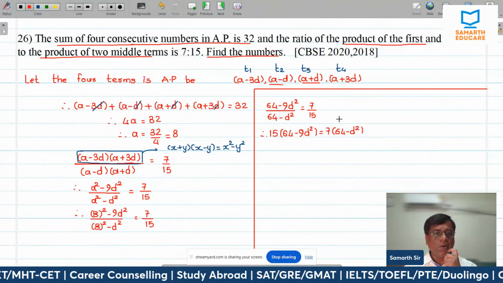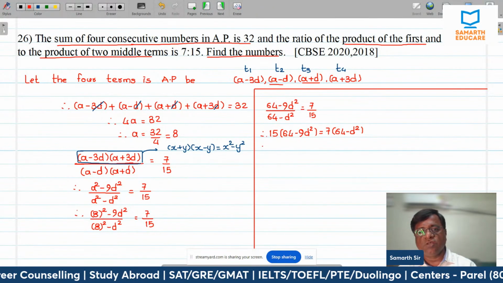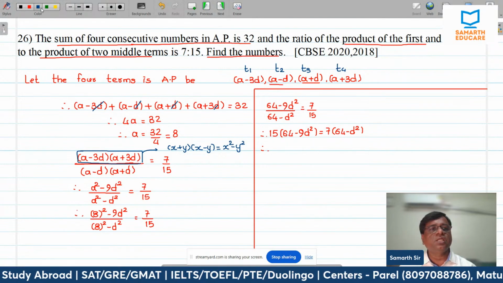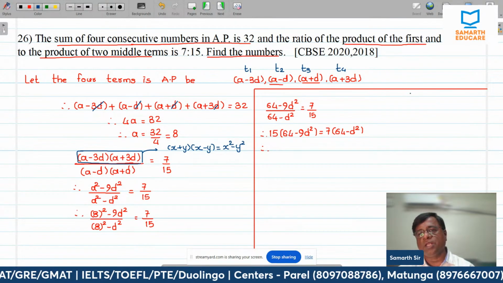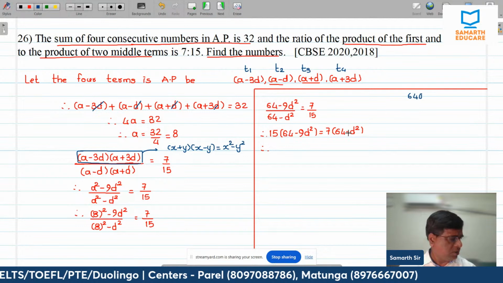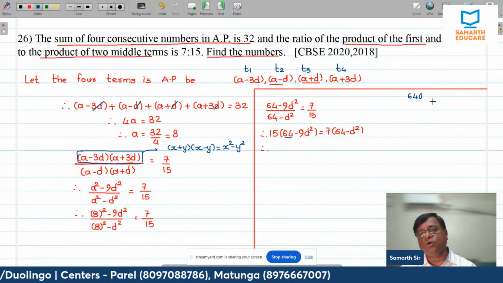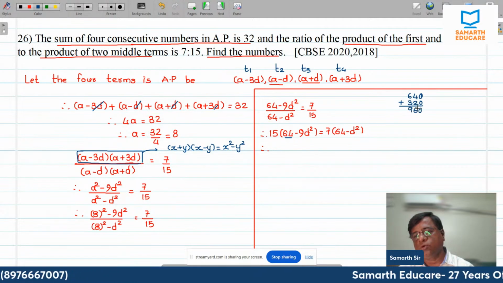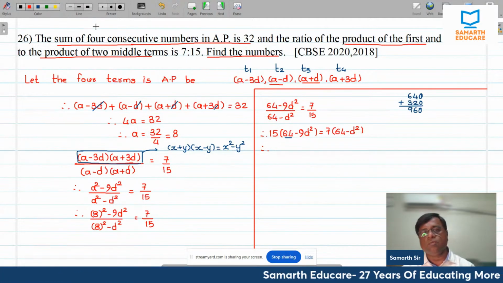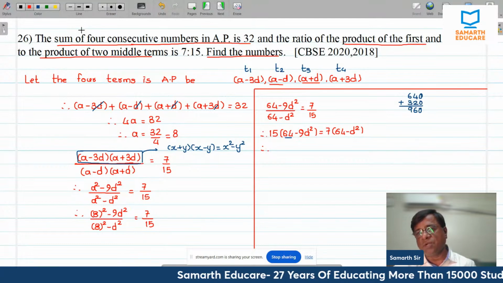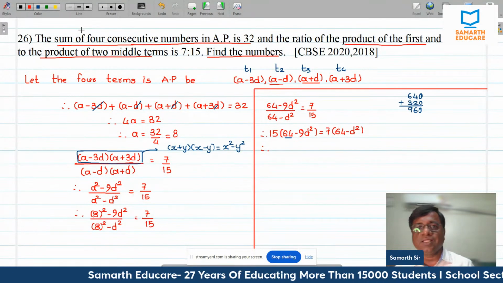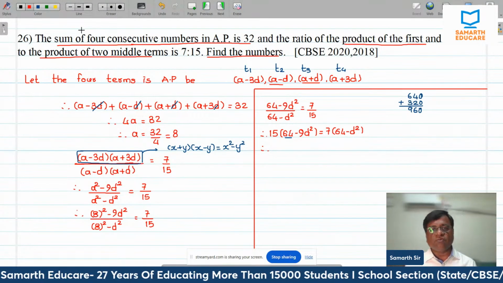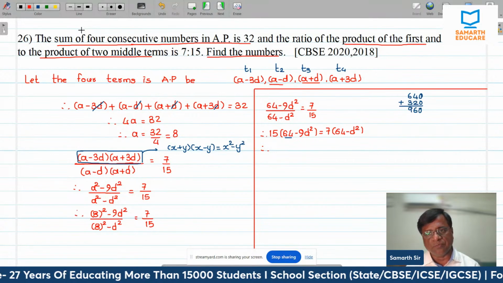All right. Now, remember 15 into 64 होगा. 15 into 64, जब भी किसी नंबर को 15 से मल्टीप्लाई करते हैं ना, तो पहले 10 से मल्टीप्लाई करो. 64 को 10 से पहले मल्टीप्लाई करो, एंड देन उसका आधा ले लो, हाफ ऑफ इट, दैट इज 320. इसका एडिशन करो, 960 हो गया. So if you are multiplying any number by 15, first multiply the number by 10, take its half, and then add the two numbers.